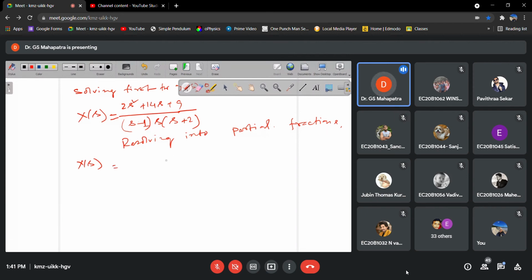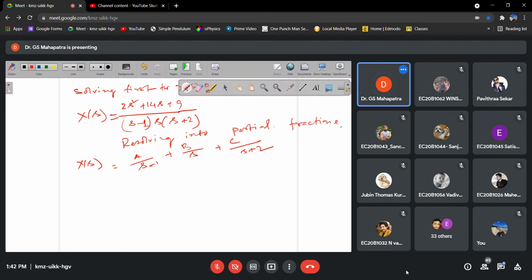The numerator has highest power 2 and the denominator has 3 factors, so it is straightforward. You can write A by (s minus 1) plus B by (s plus 1) plus C by (s plus 2). The difference is 1, so directly you can write.